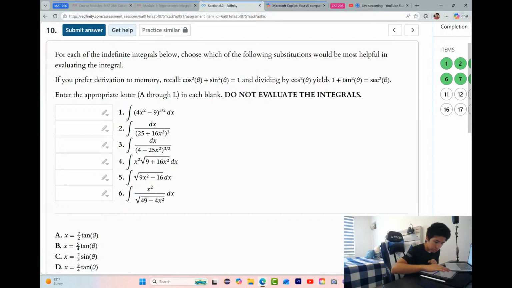Ooh, I think I remember this one. Let me just pull up my table. If you prefer derivation to memory, recall cosine squared of theta plus sine squared of theta equals 1. And by dividing by cosine squared of theta, it yields 1 plus tangent squared of theta equals secant squared of theta. Right.